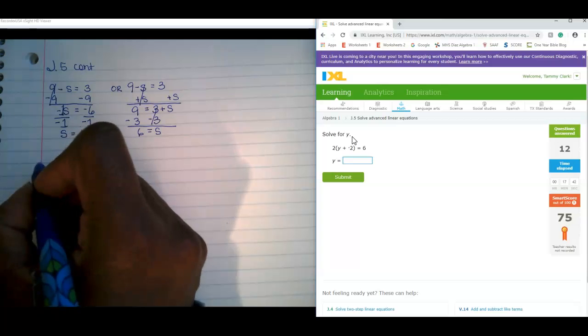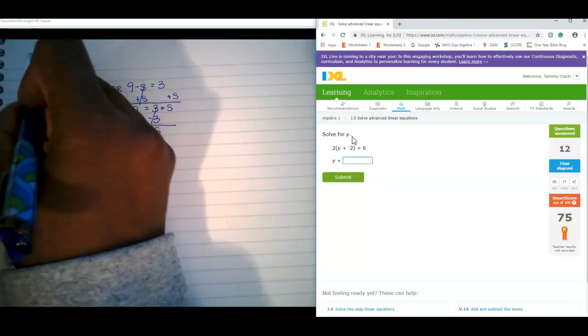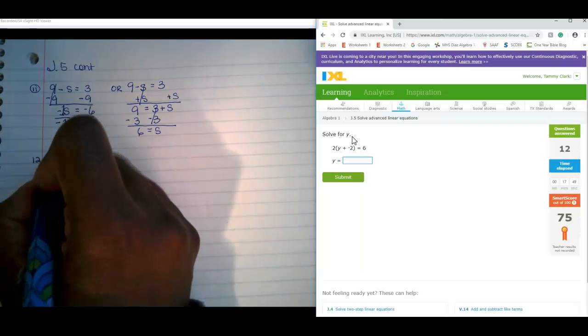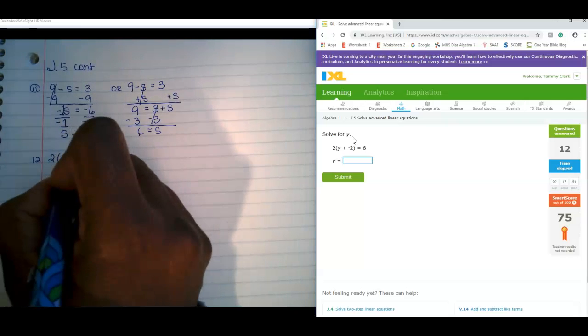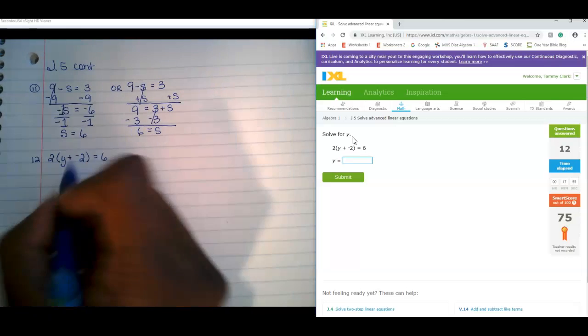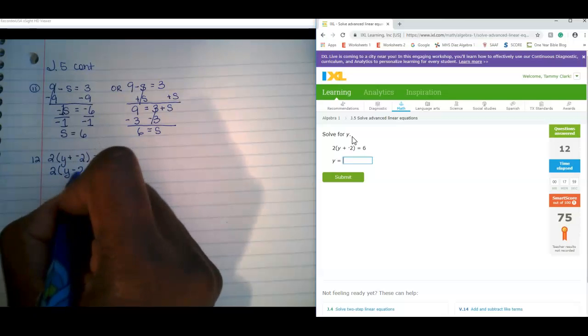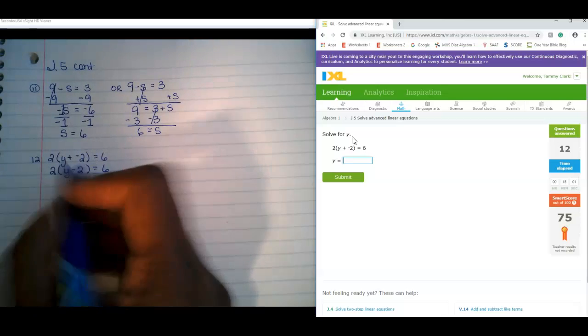So we have our next one, which is number 12. That was number 11. Number 12 says 2 times y plus negative 2 is equal to 6. We know this is really 2 multiplied by the quantity of y minus 2 equals 6.